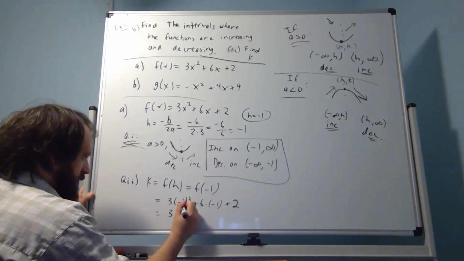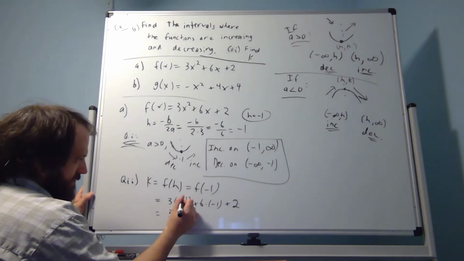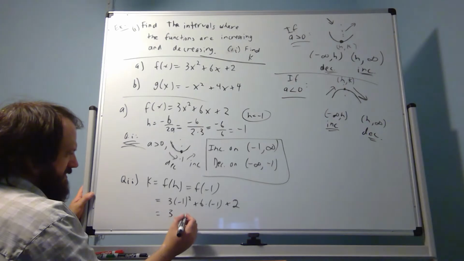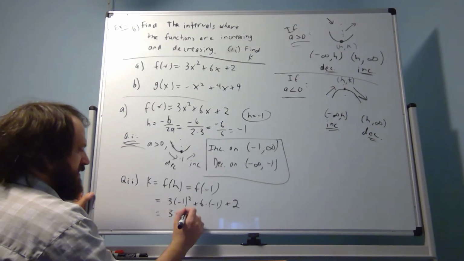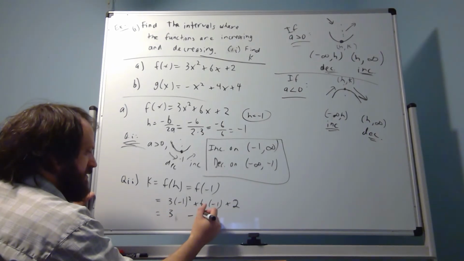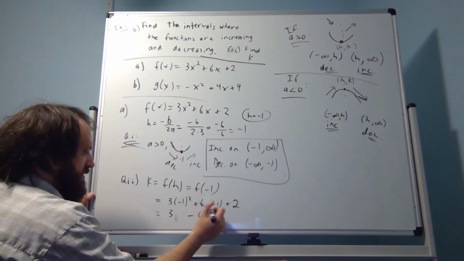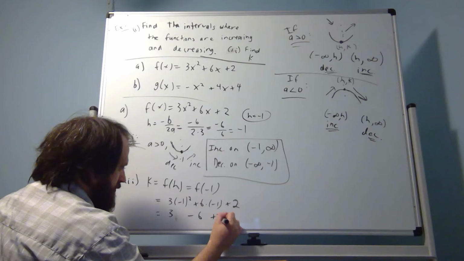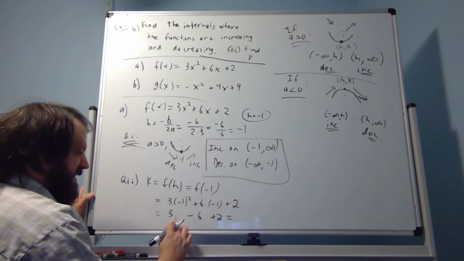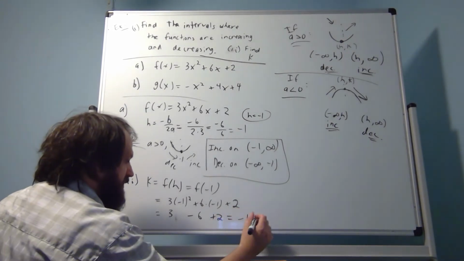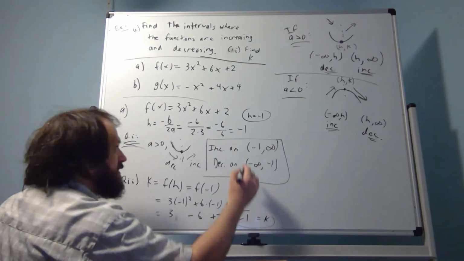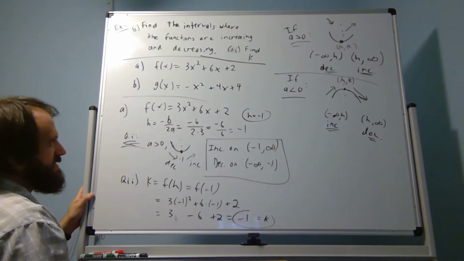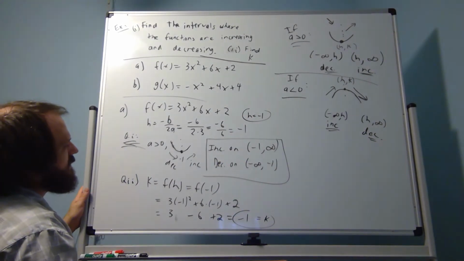So 3 times, this is 1, because the negative 1 by itself is squared. Adding 6 times negative 1 is the same as subtracting 6. So 5 minus 6 is negative 1, which is equal to k. So in this case, the vertex is negative 1 comma negative 1.